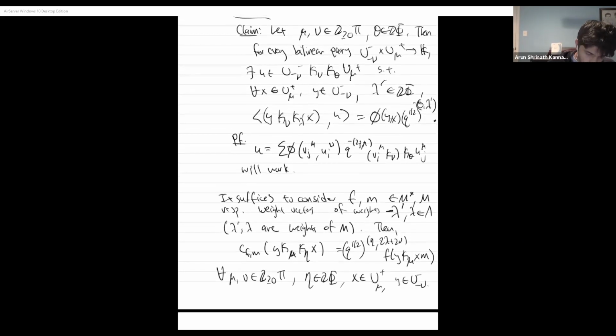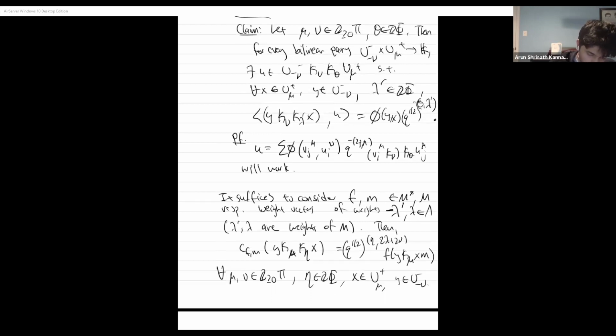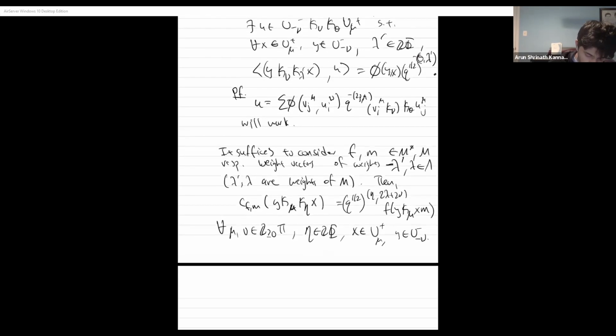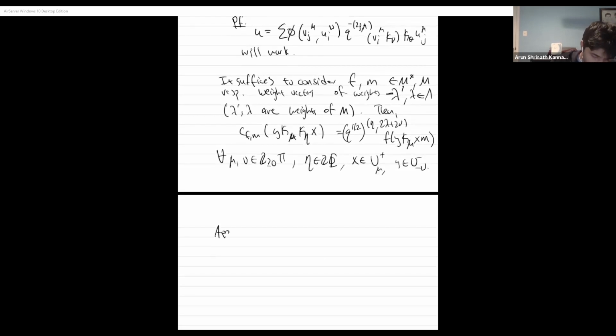We want to come up with a function phi, defined as follows: y comma x maps to f of y k mu x m.